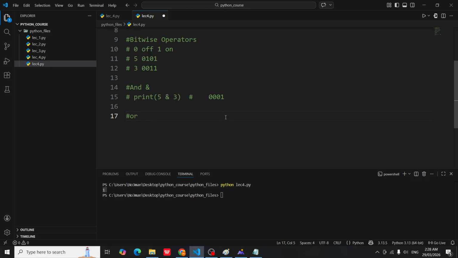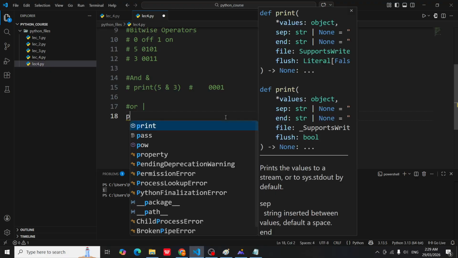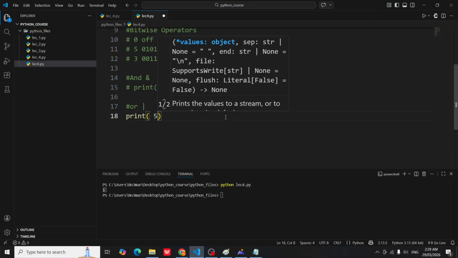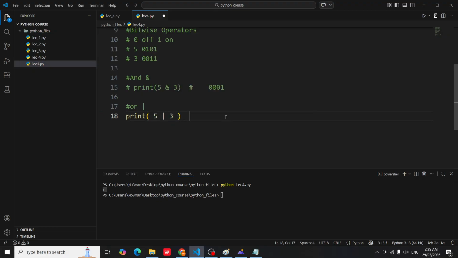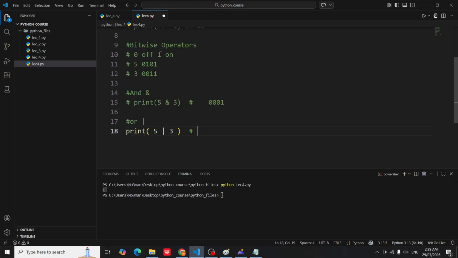It is represented with the pipe symbol. So if we print 5 OR 3, it will compare the binary numbers the same as AND, but it will work if one of them is 1, not necessarily both.